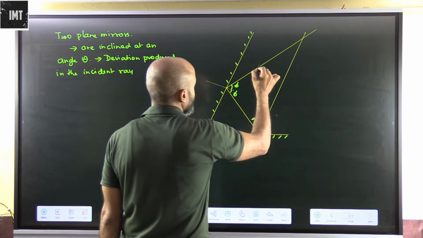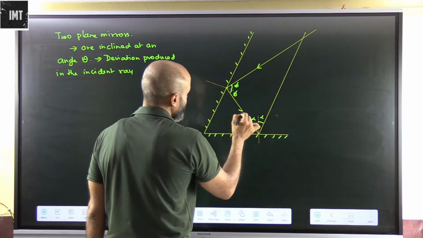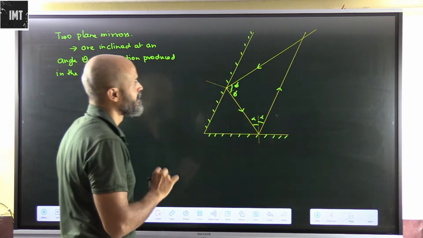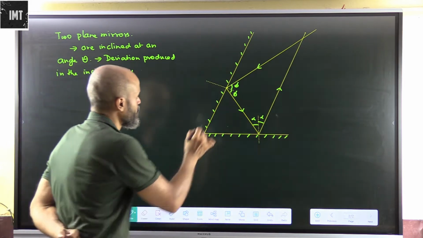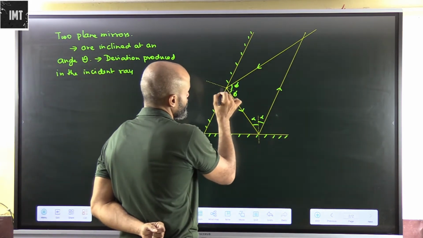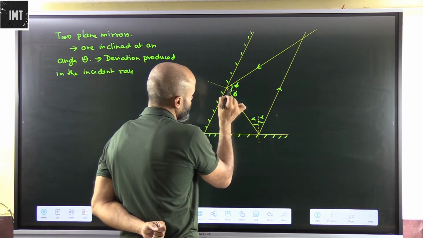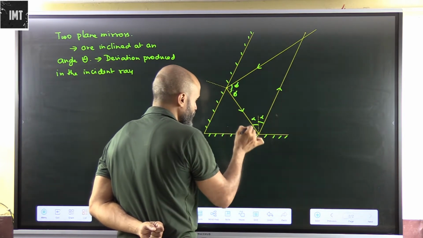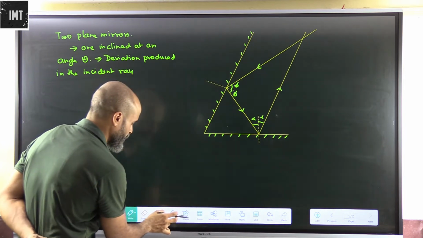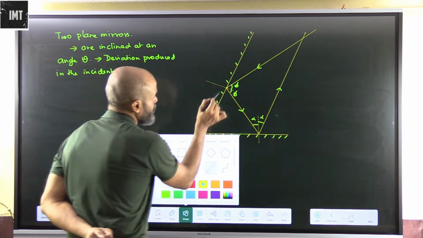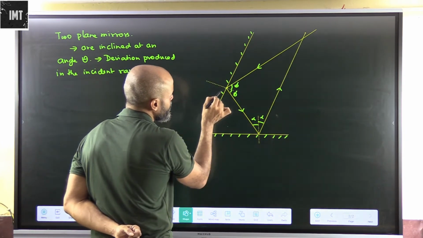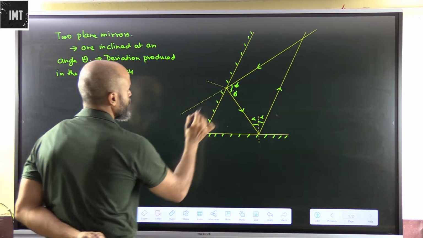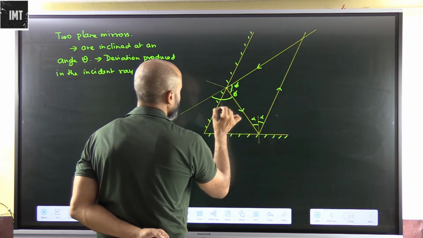Here we have the incident ray, here we have the reflected ray. Again this gets reflected here. So what will be this value? This is the deviation produced. This is the ray and this is where the deviation is produced. If I extend this incident ray a little backwards, then this is going to be the deviation.